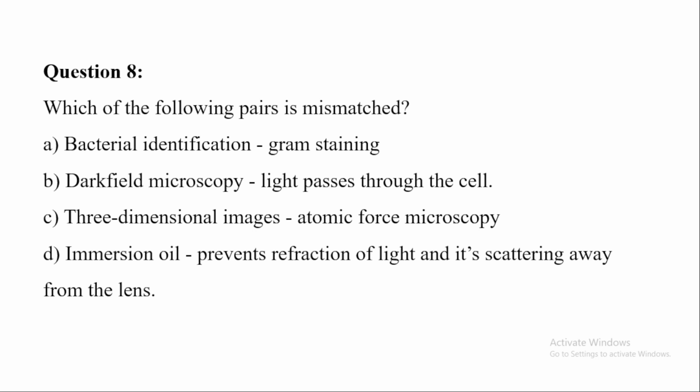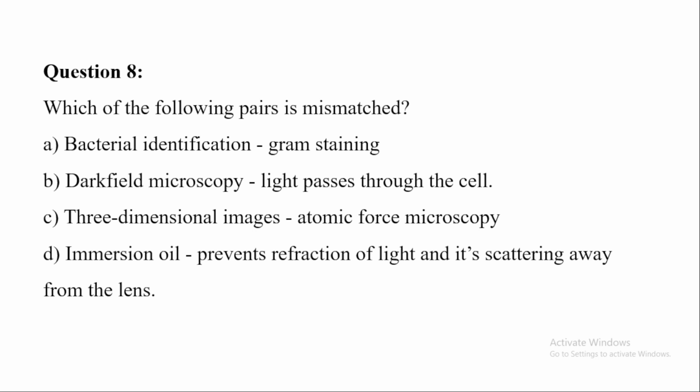So, in the 100x lens, when the light passes through that lens, if air is the medium between the lens and the sample, the light can get scattered away. So, to stop that scattering, we use immersion oil, which has a higher refractive index than the air, so that the light passes through the lens and through the immersion oil to our sample.